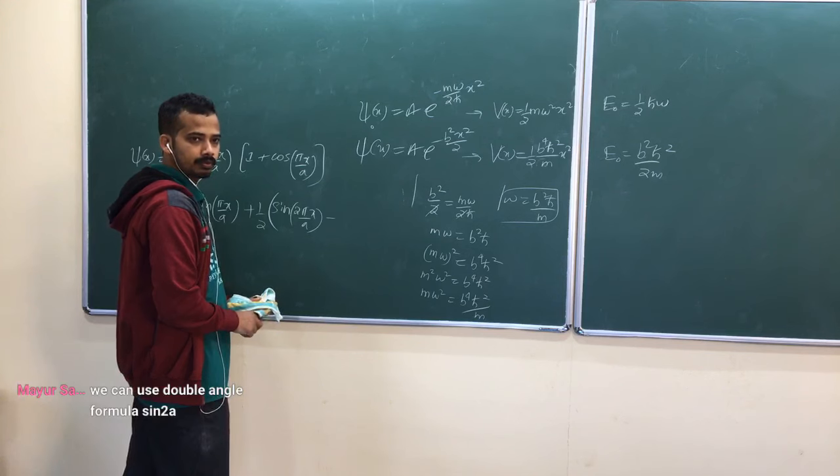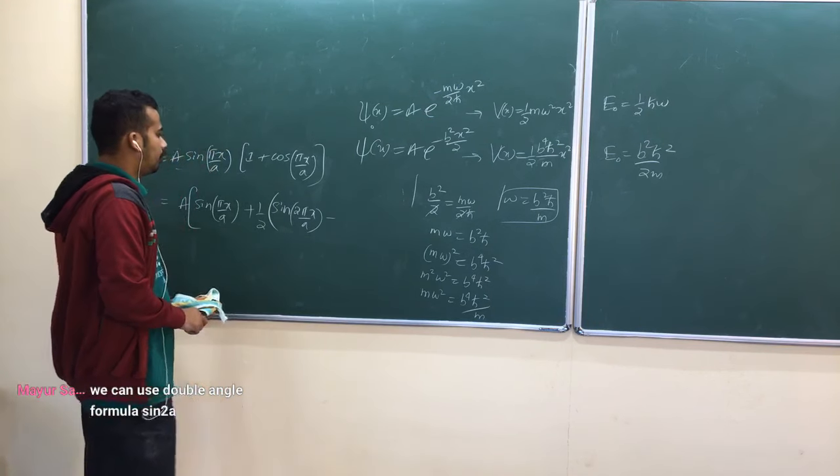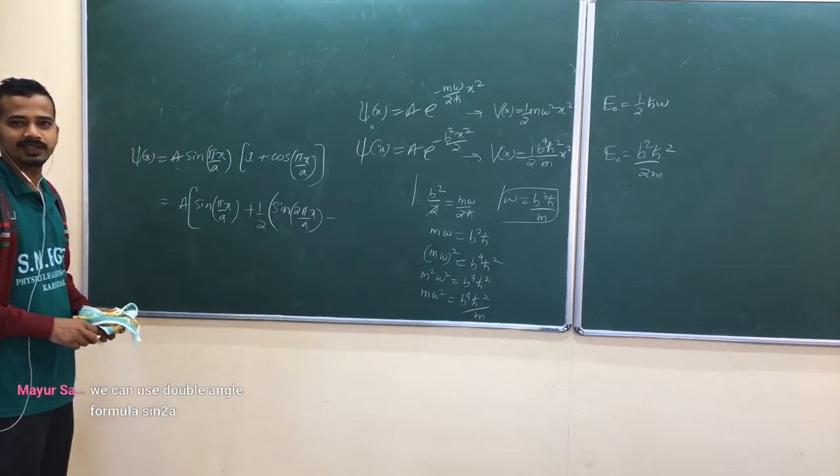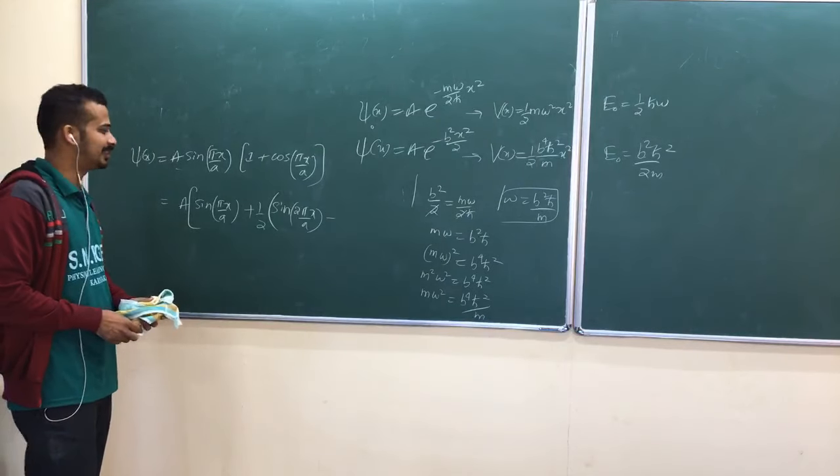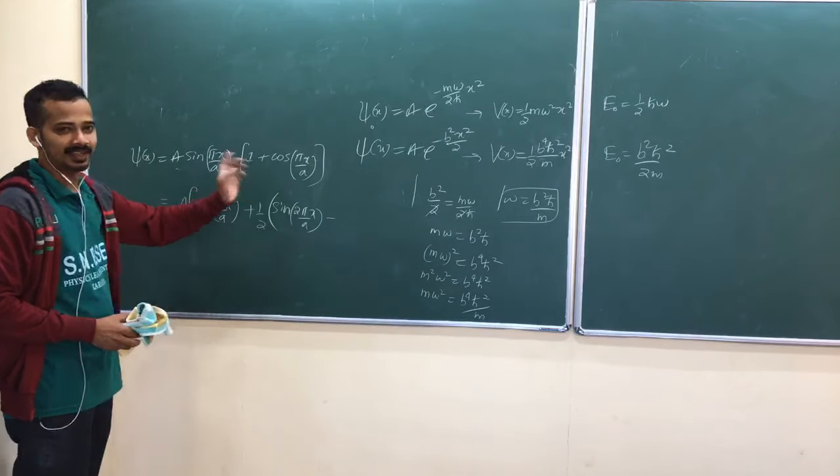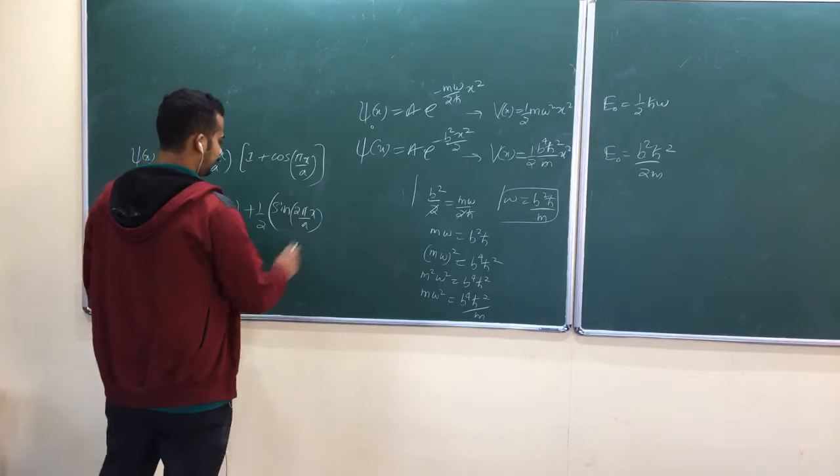Other term is 0. Okay. Sine 2 theta formula. I was thinking about sine a plus b, a minus b. That's again unnecessary, isn't it? Yeah. Sine 2 theta formula. Look at here.